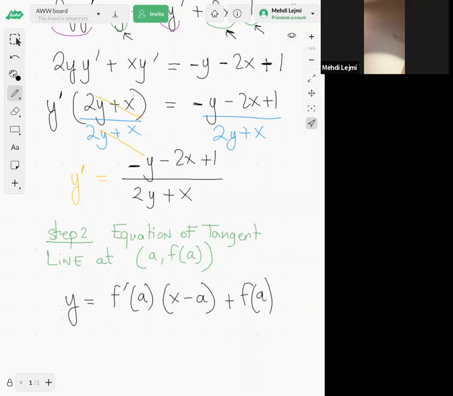Right? This is the general formula, the formula for the equation of the tangent line to the function f at the point a, f of a.